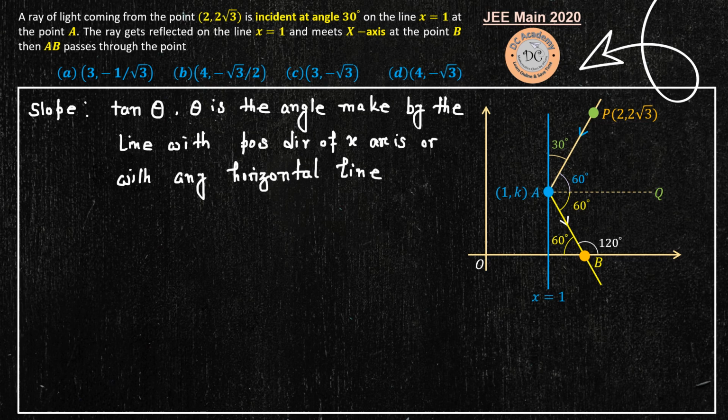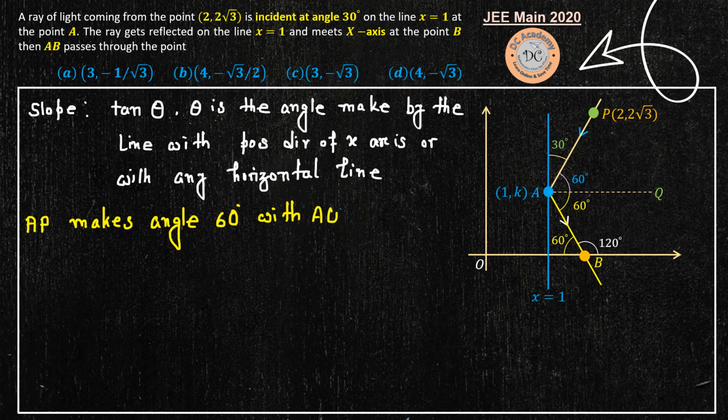That's it. Now observe carefully, the corresponding line AP, or the incident line AP, makes an angle of 60 degrees with AQ.